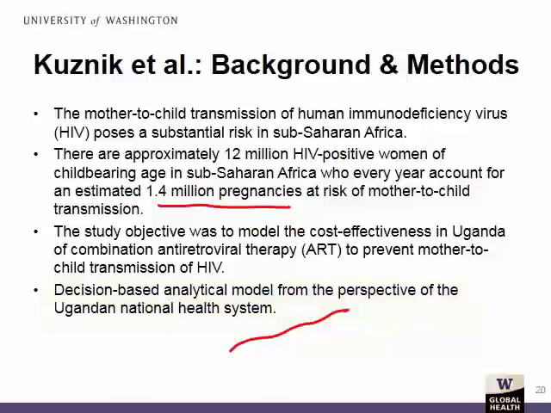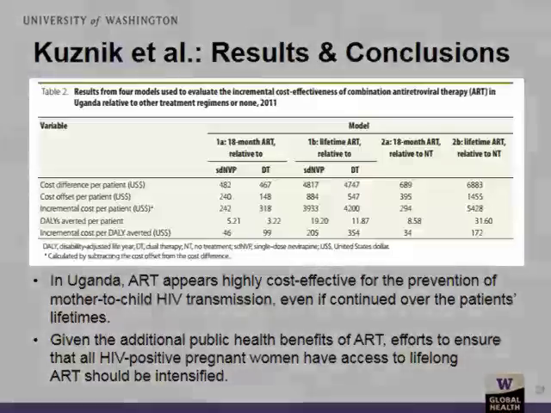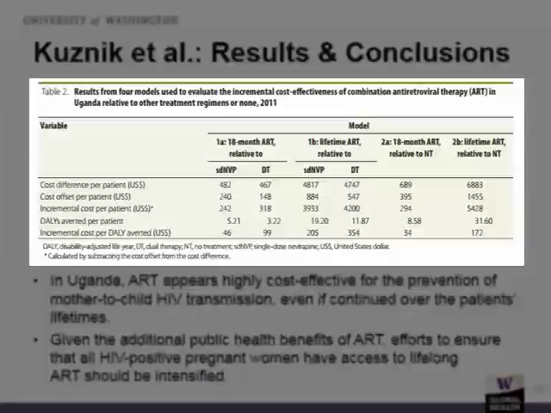And so here are the results of this PMTCT study, and I don't want to go into all the details of this table, but I want to point out the costs. So you had cost difference, cost offset, and then you had the incremental cost, which is here, and then you had the outcome measured in DALYs averted per patient, which is here, and then you had an ICER in cost per DALY averted.